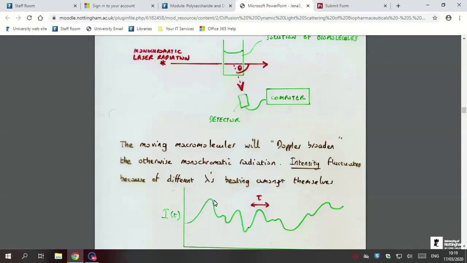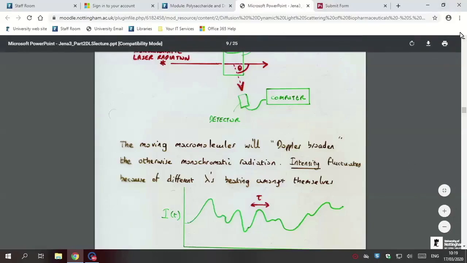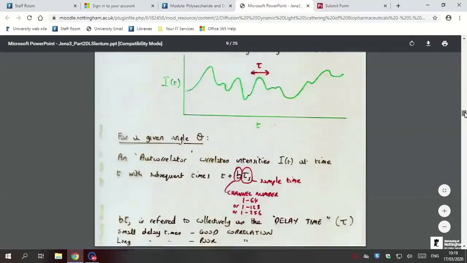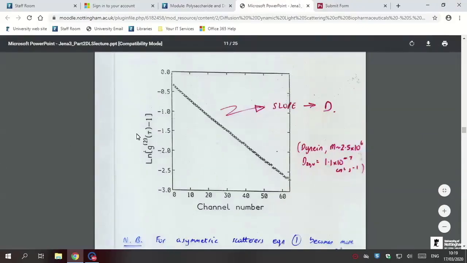So it's how fast that correlation changes that gives you the diffusion coefficient. And that's what this plot is here. It's plotting the log of this correlation function against time. How fast this correlation drops with time depends on the diffusion coefficient.